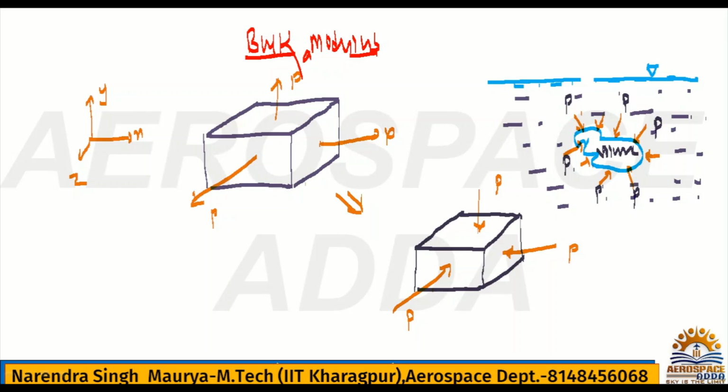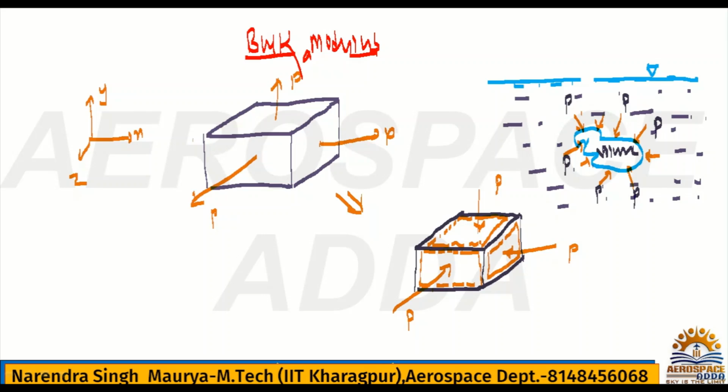Suppose a load is acting here. If it is a compressive load, obviously the size will be decreasing. I can show you, the size has now decreased on all surfaces. All dimensions have now decreased. So obviously on all surfaces you will have a change in length, so you will get the volumetric strain.